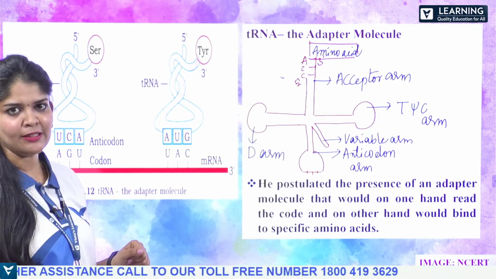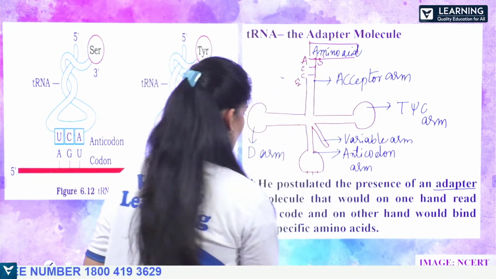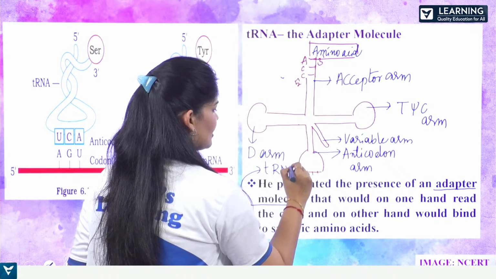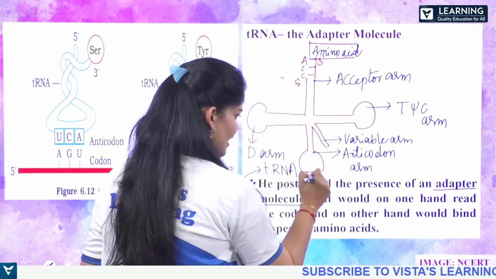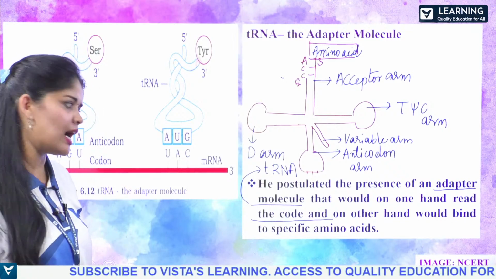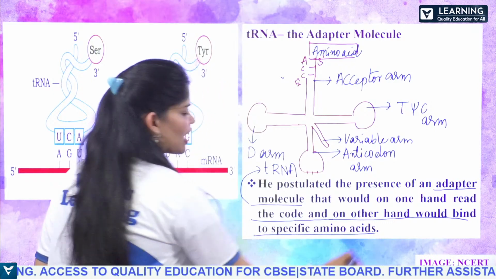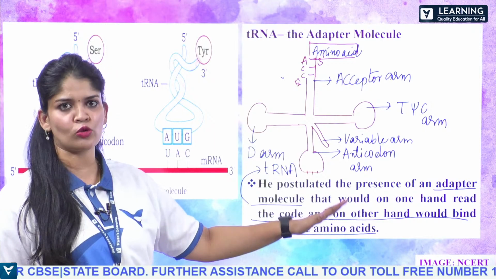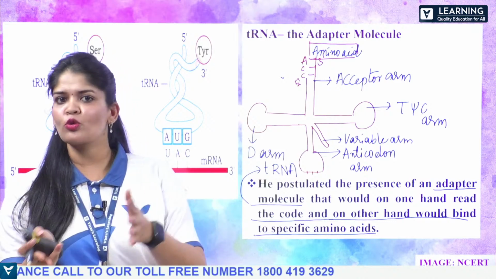Crick postulated the presence of an adapter molecule, and that adapter molecule is nothing but tRNA. On one hand it can read the code because it has an anticodon arm, and on the other hand it binds to a specific amino acid, which can be identified by reading the codons using the anticodon arm, because complementary base pairing exists between the codons and anticodons.